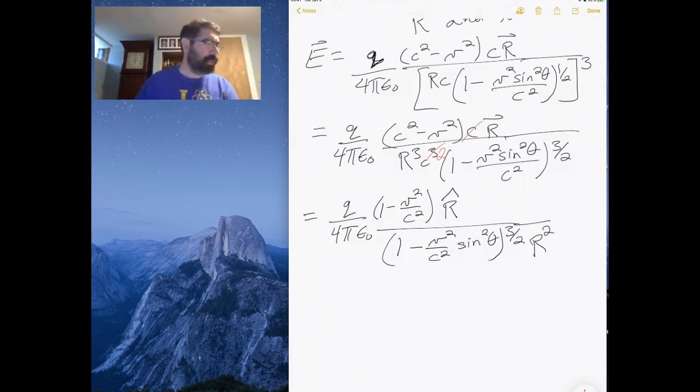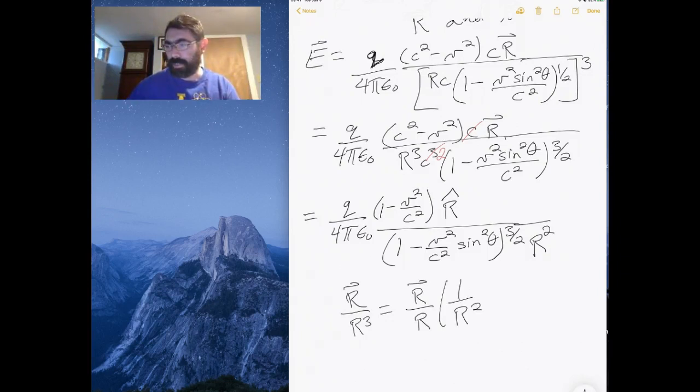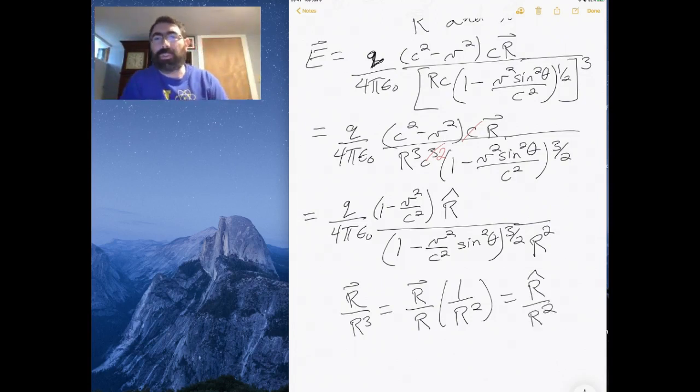What I also did was show that r over r cubed is the same thing as 1 over r squared times r hat, which writes that as r hat over r squared. Okay, so those were the two things I did to get it into this form.